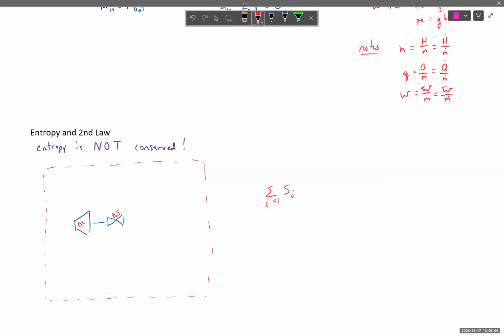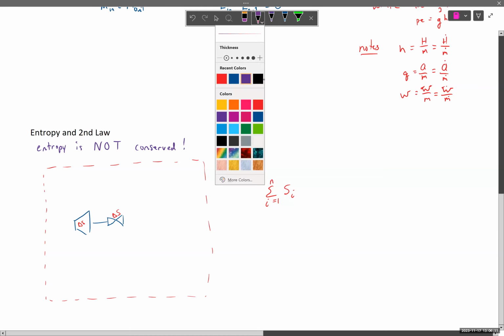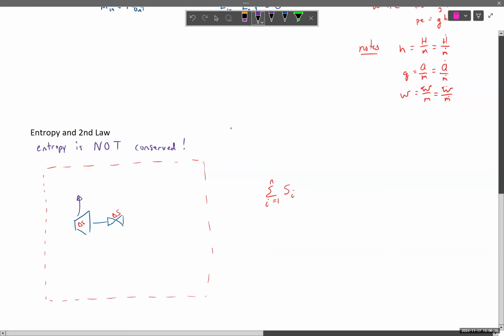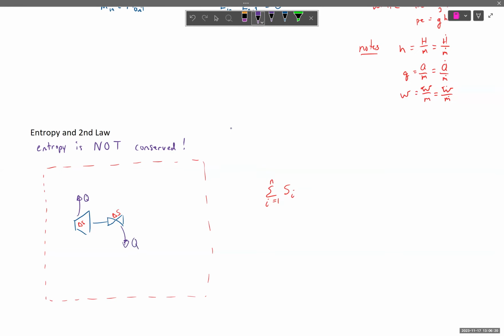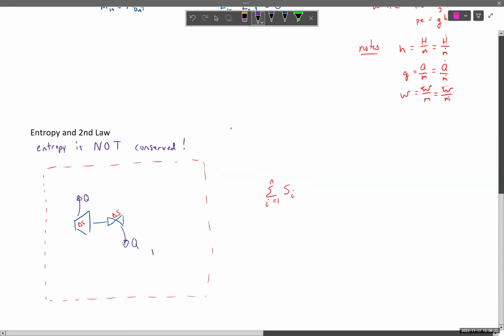Let's try that again. So n number of devices, and all of the heat going into the surroundings.